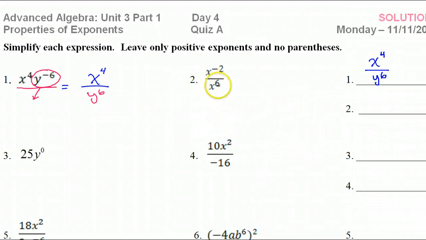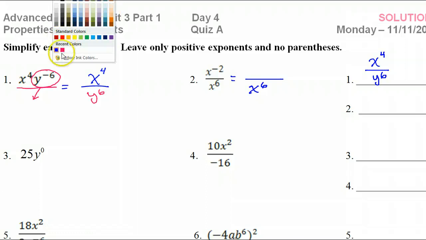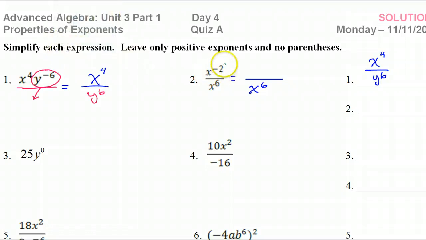Similarly, on problem number 2, you see the fraction there. That x to the 6th power, that's not going anywhere, so I'm going to copy that down. Now, the x to the negative 2 power, you see that negative exponent, that means this has to drop down. So I'm going to have x squared down here in the bottom.